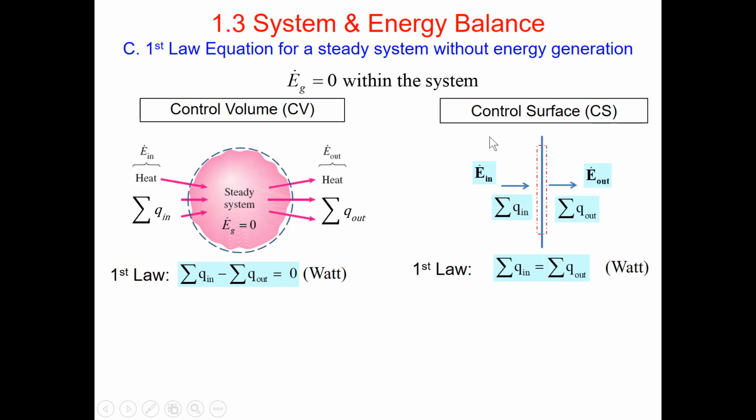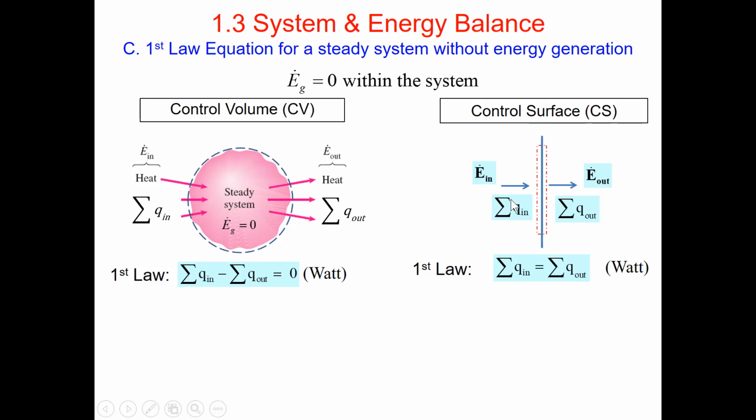Second, our system is a control surface, CS. The red dot dashed line contains the control surface.